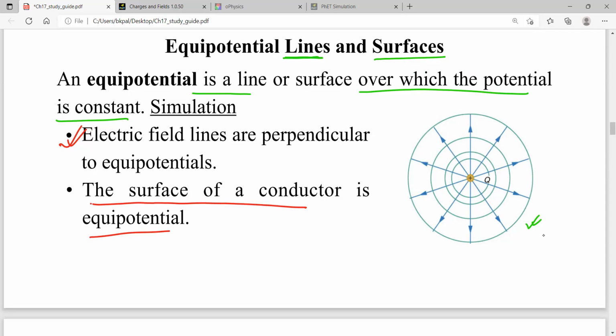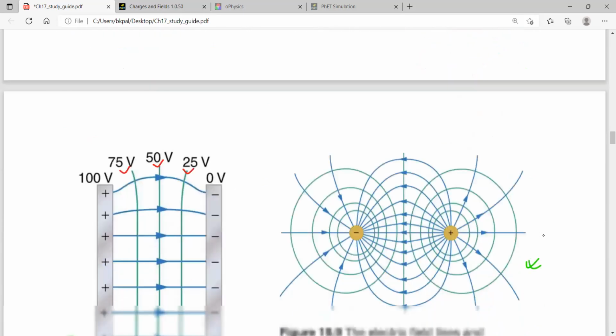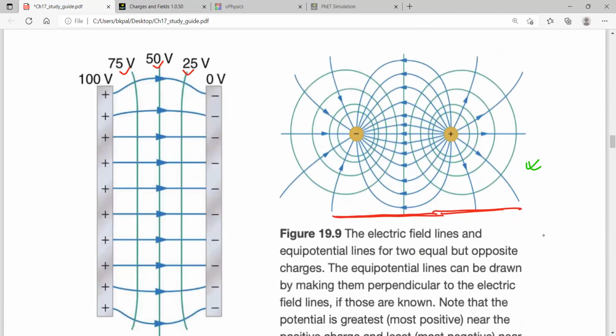But here you can show that the surface of a conductor is an equipotential. So here, this is a conductor. On its surface the potential is 100 volts, and on it, it is 0 volts, for example.